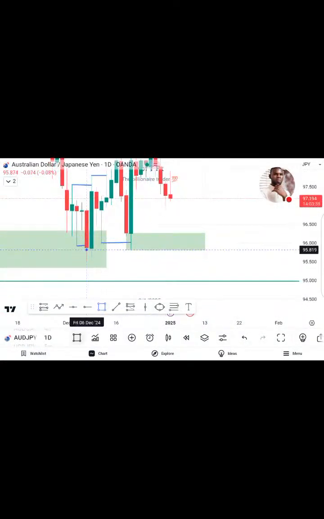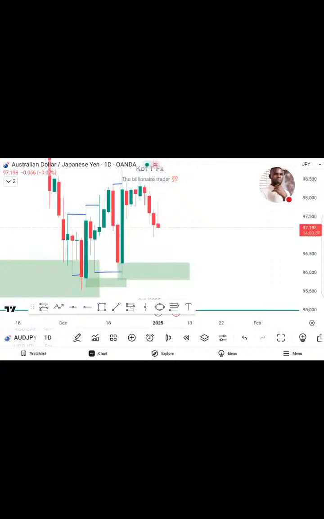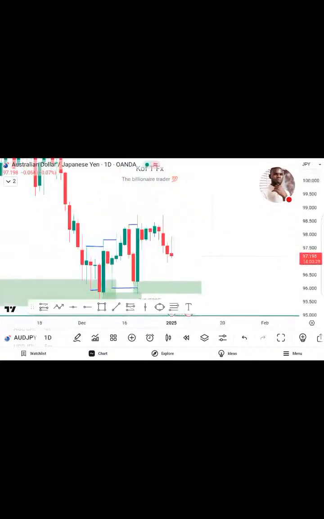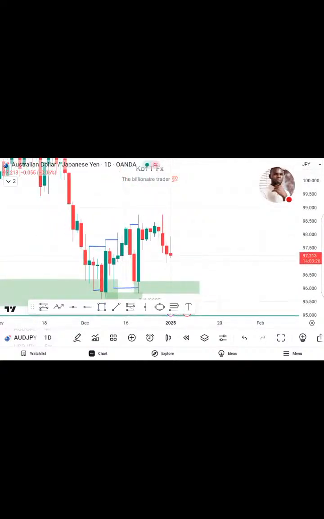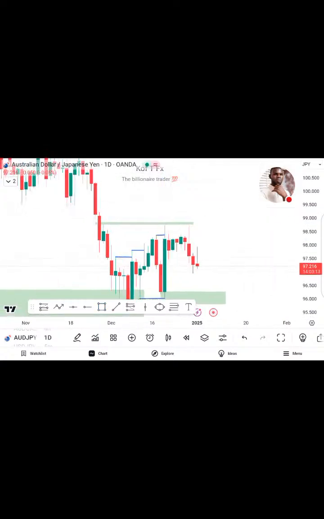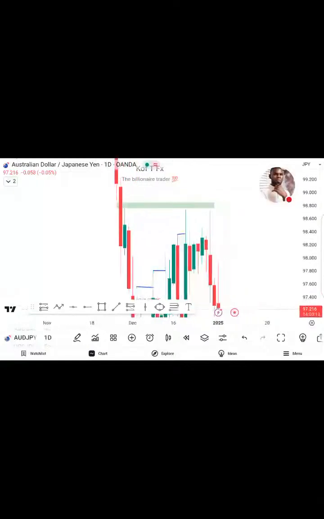And you can see it is the same week as I expected. Okay, price did not even get to that FVG. Nice one.